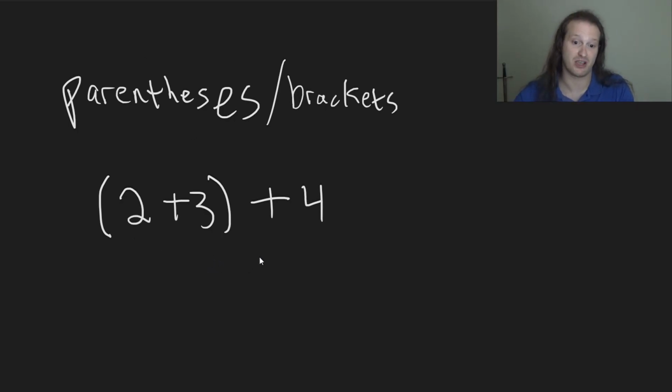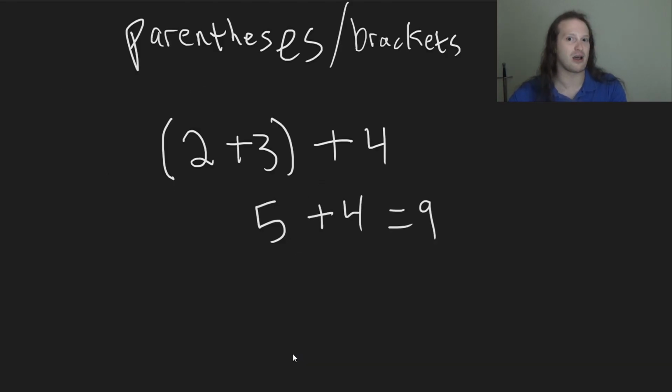That's all that means. I can't really add 4 to a thing. This is kind of like holding these guys back. You can't touch these guys until you've done everything you can inside of them. So then you would go 2 plus 3 is 5, and then 5 plus 4 is then 9. So it's not an operation itself, it's just telling you which operations in a problem you want to do first.